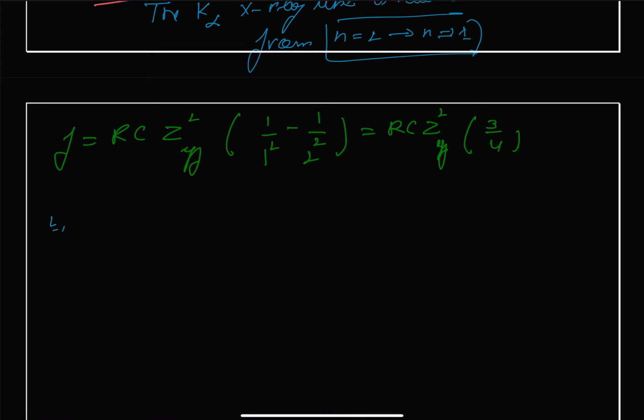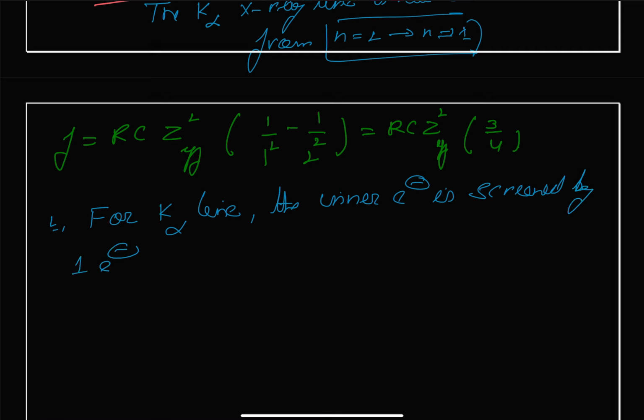So for our K alpha line, the inner electron is screened by 1 electron. Therefore, our Z effective will be equal to Z minus 1.